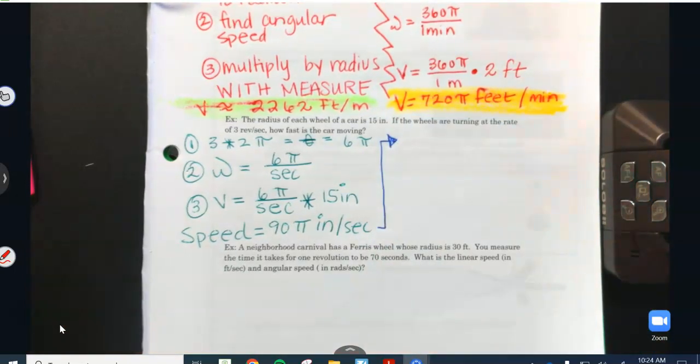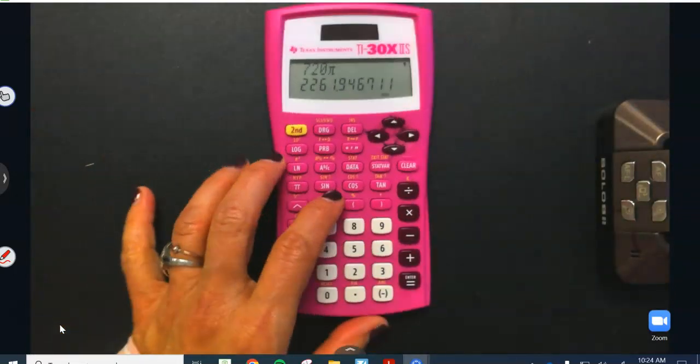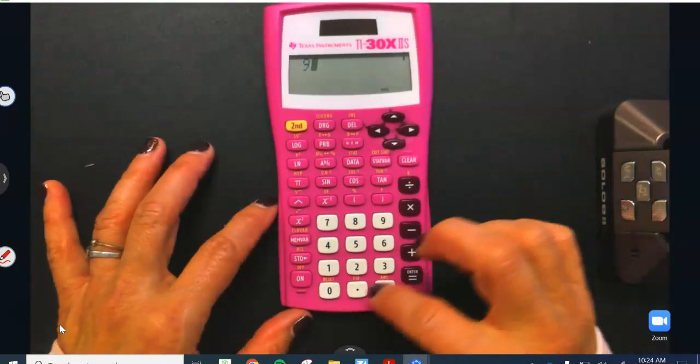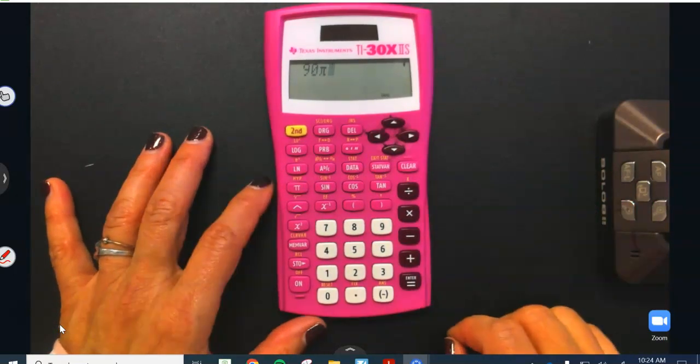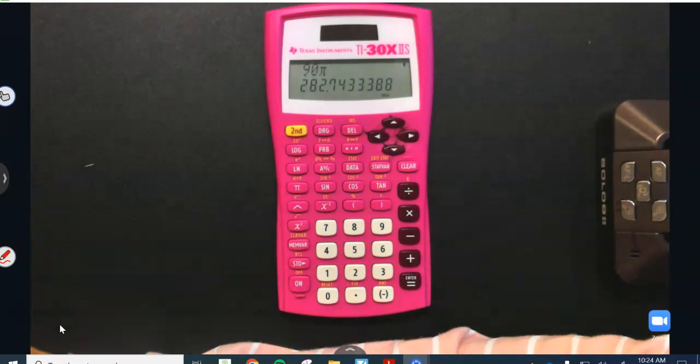Who knows? All right, it is all calculator work. I'm even moving this packet. Clear, clear, clear. All right, 90 pi. Enter. Pi symbol's gone. What does that mean?